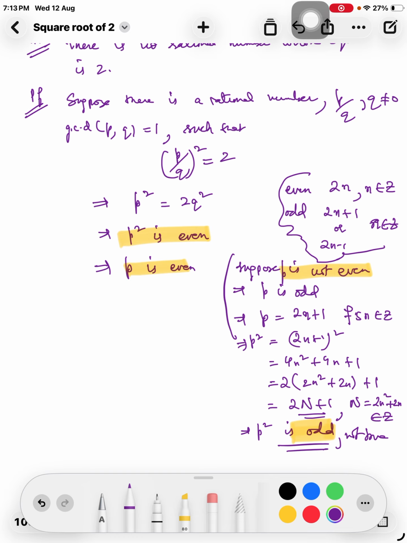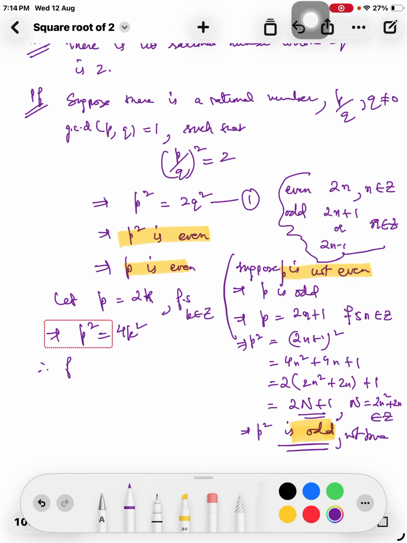So p has to be even. So if p is even, we say let p be equal to 2n or 2k, whatever you want, for some k belonging to integers. So what happens to p square? p square will be 4k square. So if you put this in equation 1, what do you get?